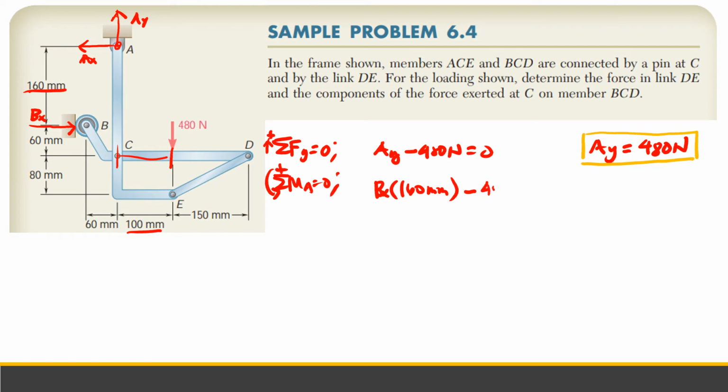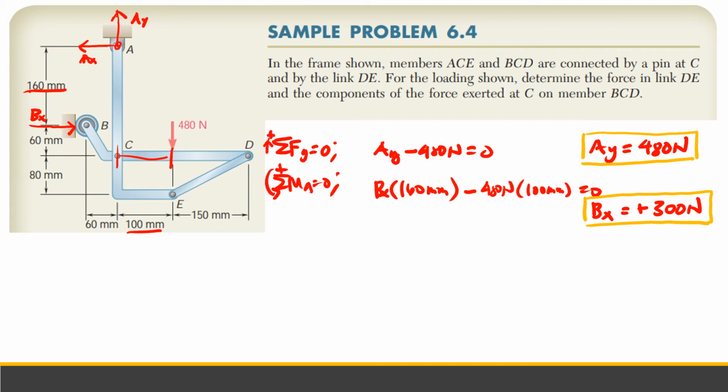Okay, so that is 480 Newton multiplied by 100 mm is equals to 0. Okay, so transpose natin yung equation. So Bx is equals to positive 300 Newton. So meaning tama yung assumption. Ayan.